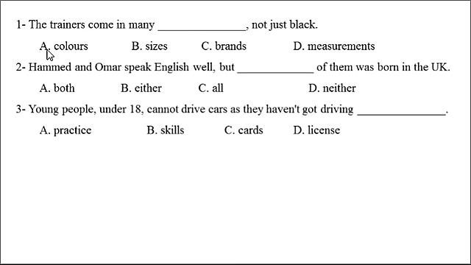Of them here means Hamad and Omar. Then we said that when we deal with 2 persons, we use both or neither. So the answer here is D, neither. And all the questions you should do in this way.